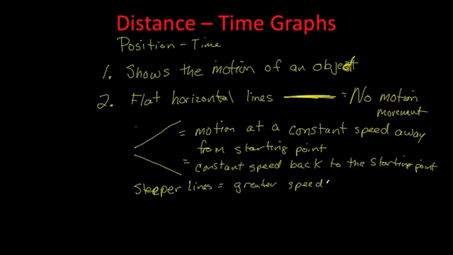You'll also sometimes see curved lines, and that indicates a changing speed. It's changing its speed as it goes along. If it curves up, it's getting faster. So this is changing speed, not constant.